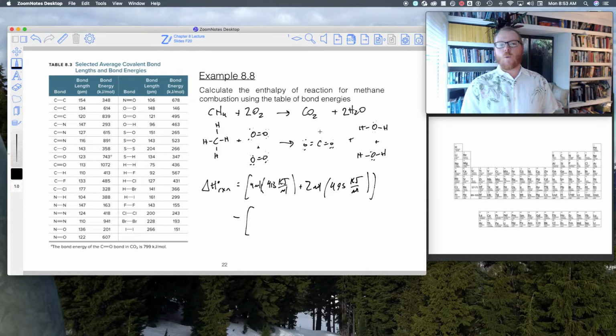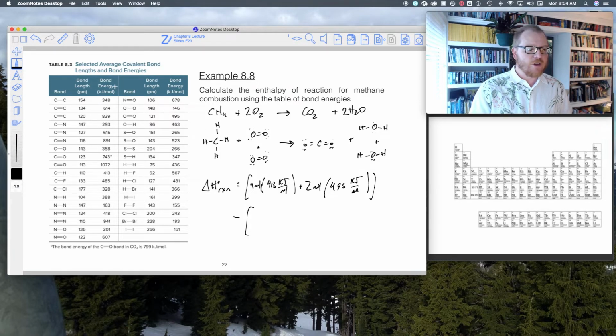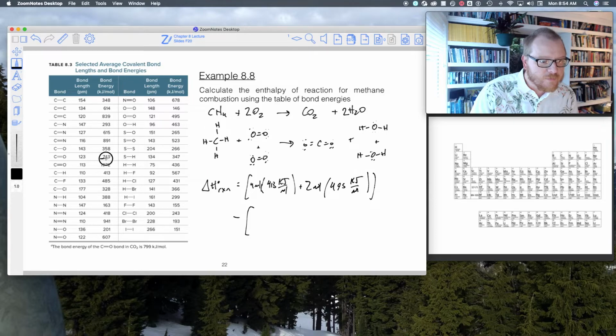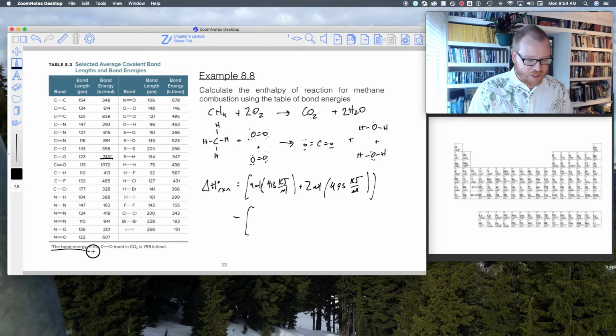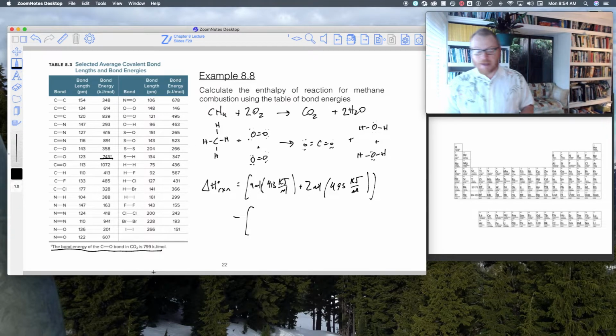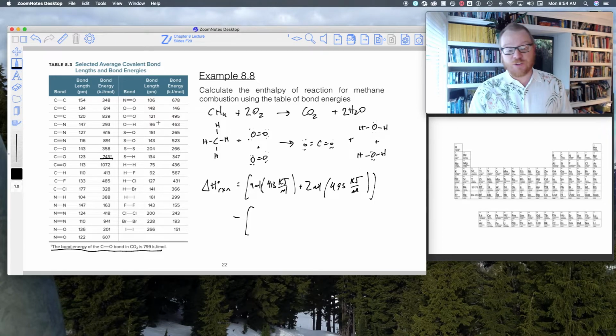Now minus my bonds formed. There's only 1 carbon dioxide, but there are 2 carbon-oxygen double bonds in the carbon dioxide. Let's look at the list here. Carbon-oxygen. Oh, look, there's a little note next to carbon-oxygen. The bond energy of a carbon-oxygen bond in CO2 is 799. That's an exception, so make sure you notice that.